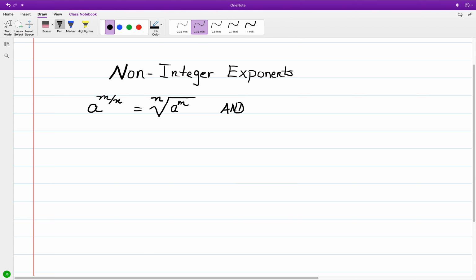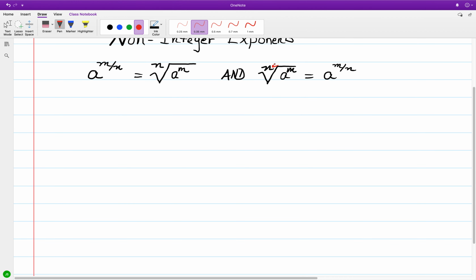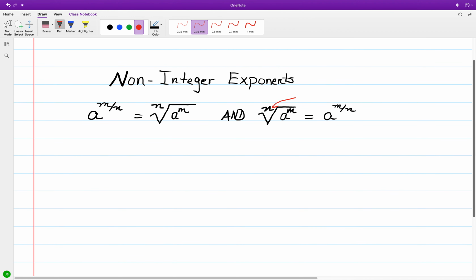And we can say conversely that the nth root of a to the m is equal to a to the m over n degree. Now, n is what is referred to as the index of the radical.